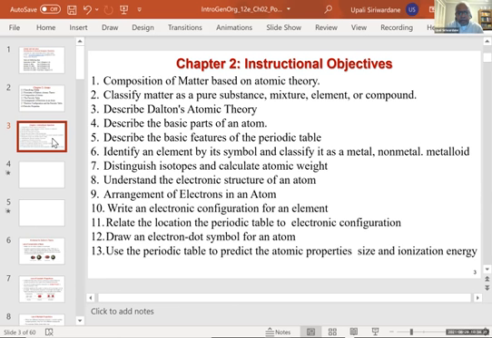We will understand the electronic structure of the atom, electronic configuration. Write an electronic configuration for an element using the periodic table. Relate the location in the periodic table to electronic configuration.